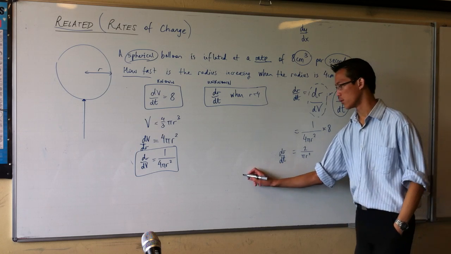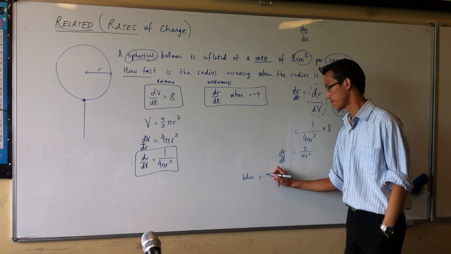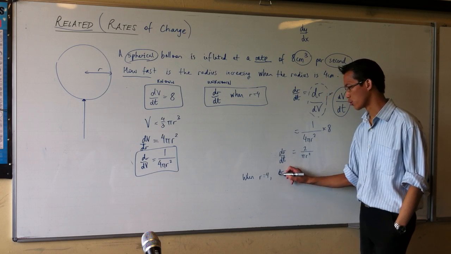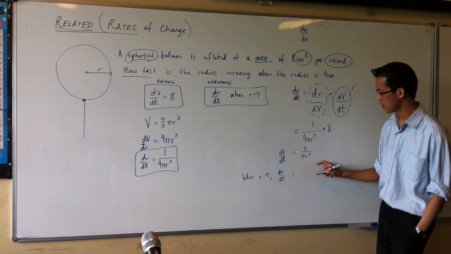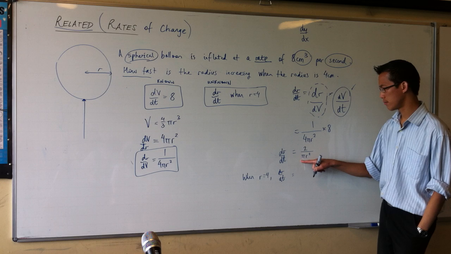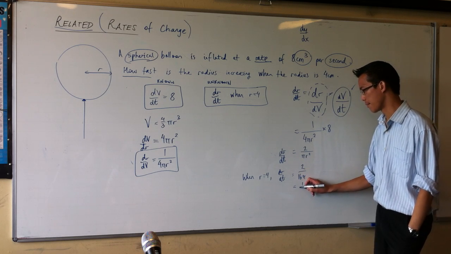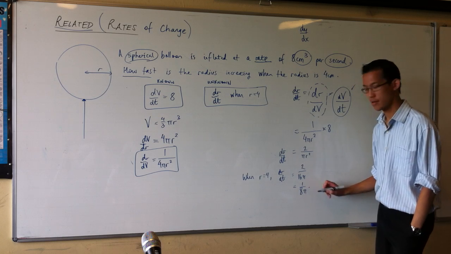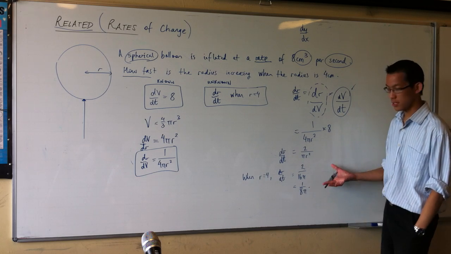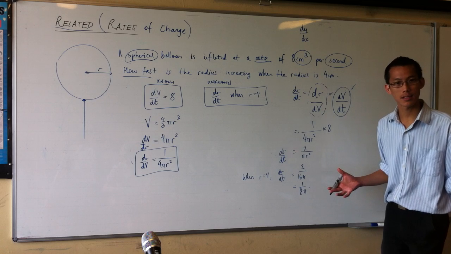So I'd say when r is 4, the actual rate that I'm interested in is 2 over 16 pi, which is 1 on 8 pi. Okay. So like I said, this is a derivative, so it's unitless, okay?